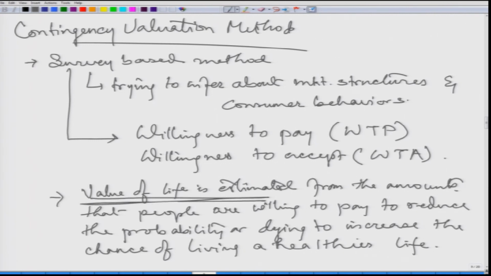So if I want to live a better life, how much will I pay? Or if I get a diagnostic system just in my locality, how much would I like to pay? If I get a hospital, how much would I like to pay?